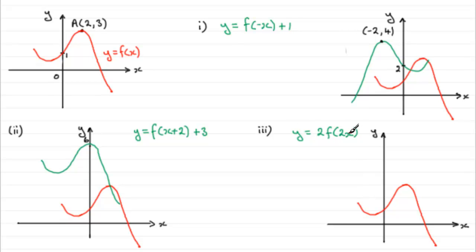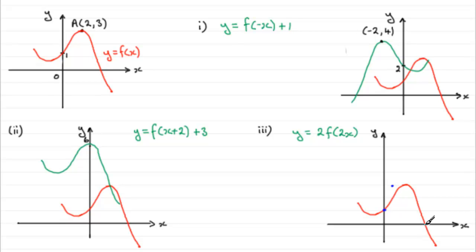Now for this last one, y equals 2f of 2x. What we do is we start with f of 2x, and what that does is it takes the graph of y equals f of x and it stretches it parallel to the x-axis by a scale factor of half. In other words, what happens is that this point here, the point A at 2, 3, it stays exactly the same height, but the distance from the y-axis, which was 2 units, gets halved. So it peaks now at the point 1, 3. This point stays invariant.